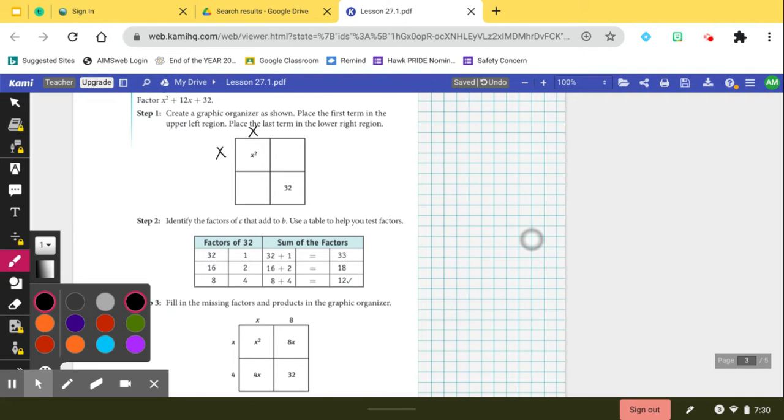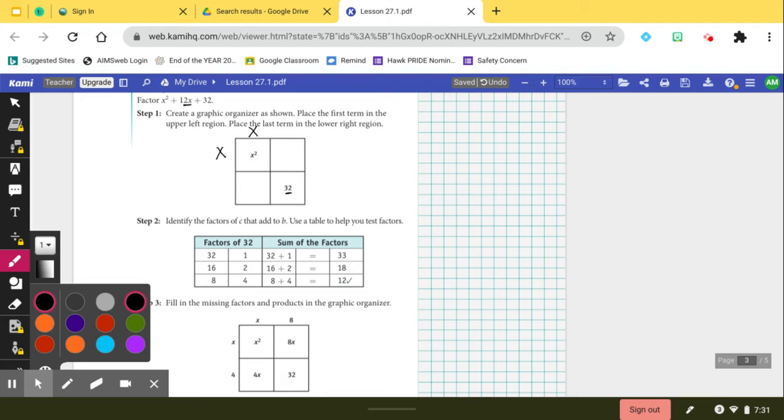So we're going to need to identify the factors of c, so of 32, that add together to be b, which for this example is 12. So we're going to list off the factors that multiply together to be c, and then see what those factors' sums are to see if they would add together to be b.